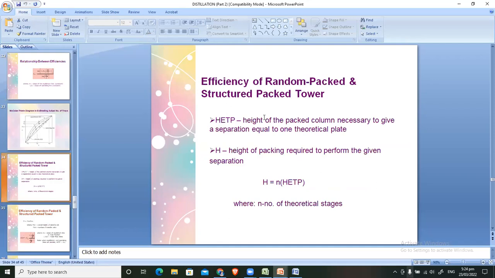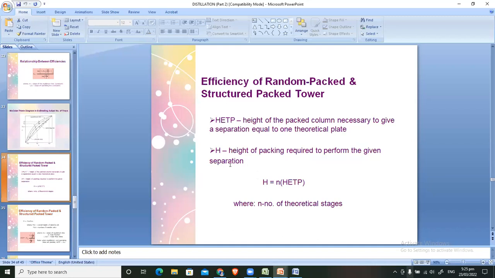Now, determining the height of our distilling column is the same as the way we determine the height of the absorption column, primarily because in terms of construction, they are the same. It can be a tray, a sieve tray, or a packed tower with structured packing or random packing materials.